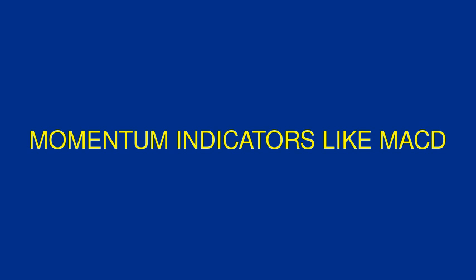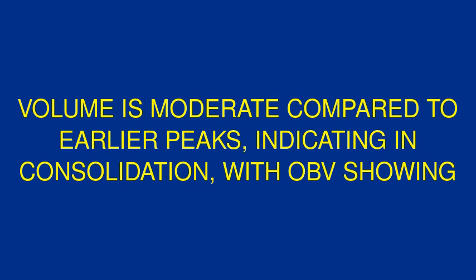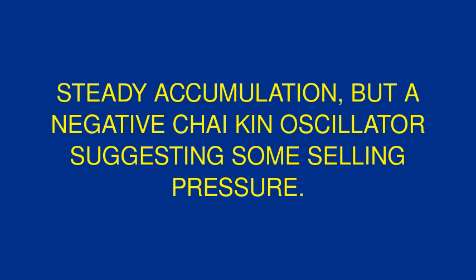Momentum indicators like MACD and Aroon confirm strong bullishness, but the overbought conditions warrant caution. Volume is moderate compared to earlier peaks, indicating consolidation, with OBV showing steady accumulation, but a negative Chaikin oscillator suggesting some selling pressure.